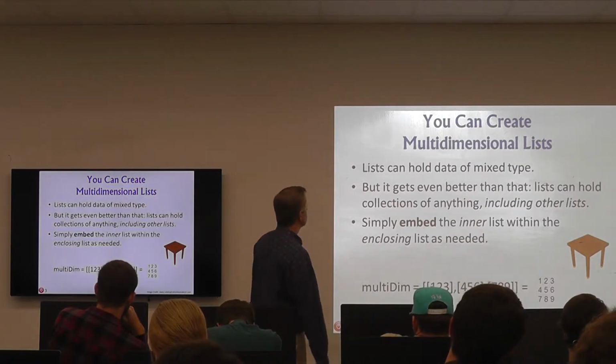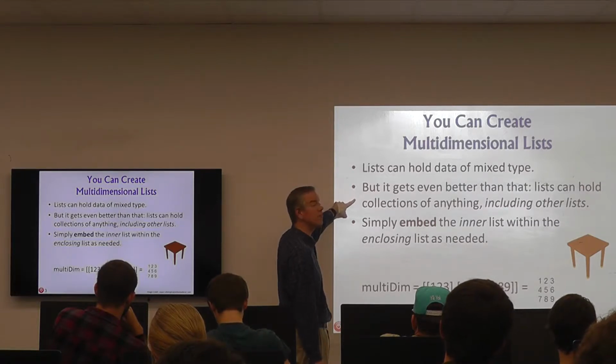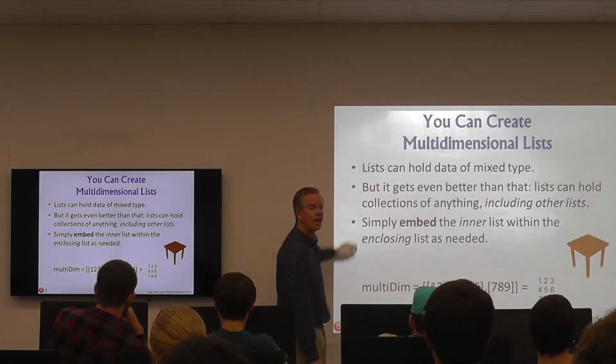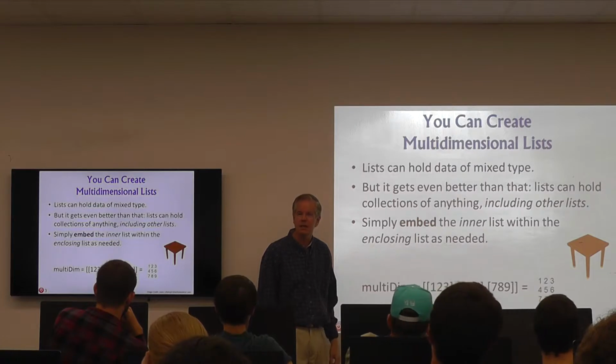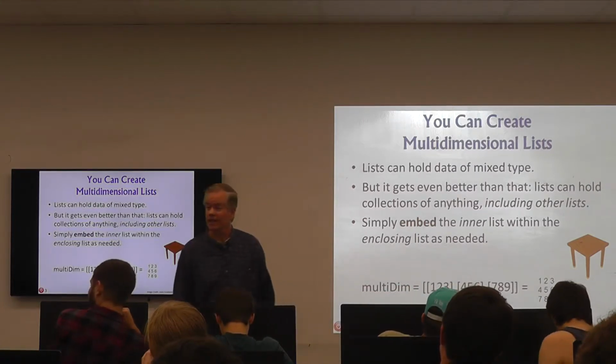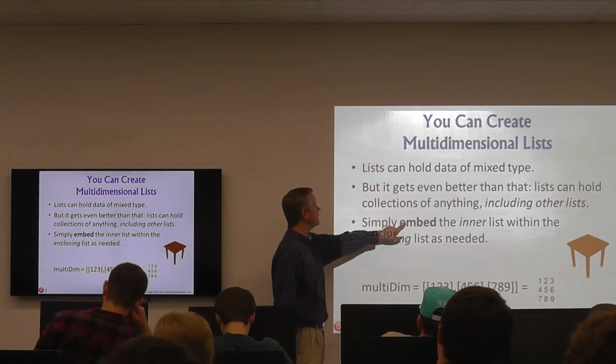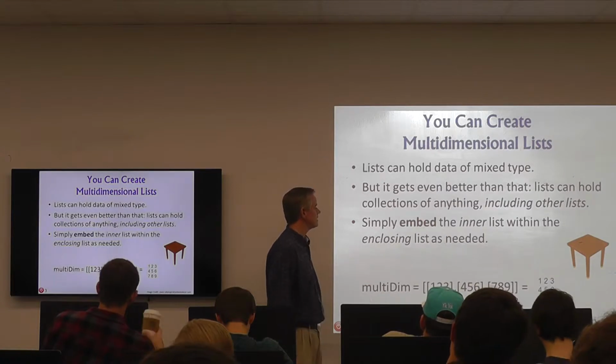All right. A list can hold a mix of data types. It gets even better than that. A list can hold collections of lists. A list of lists. Try saying that 3 times real fast. And actually you can do it. Simply embed the inner list within the enclosing list as needed.